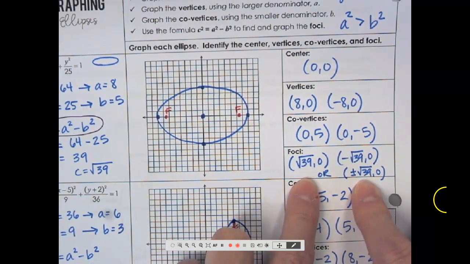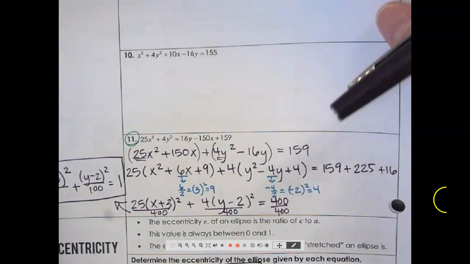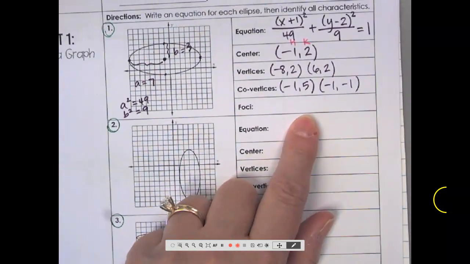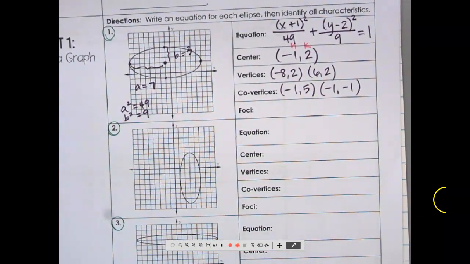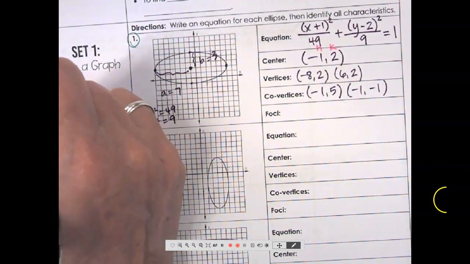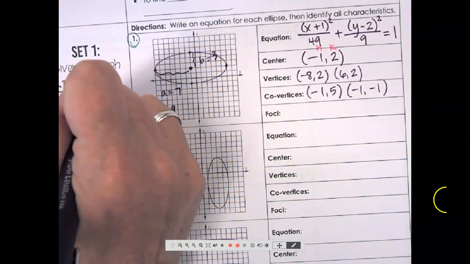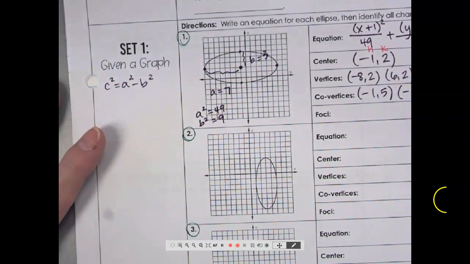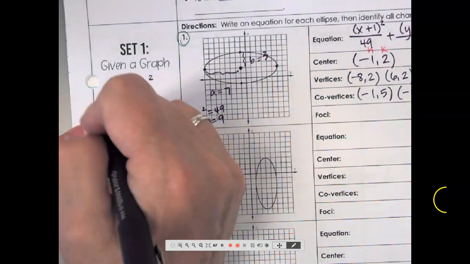Okay, so go back and watch that video, and that should help. Let's go ahead. I know I said we're going to skip the foci, but let's go ahead and do the foci on this one. And then we'll skip it on the next two. Okay, so finding the distance to the focus, I get c squared equals a squared minus b squared. A squared is the biggest denominator.